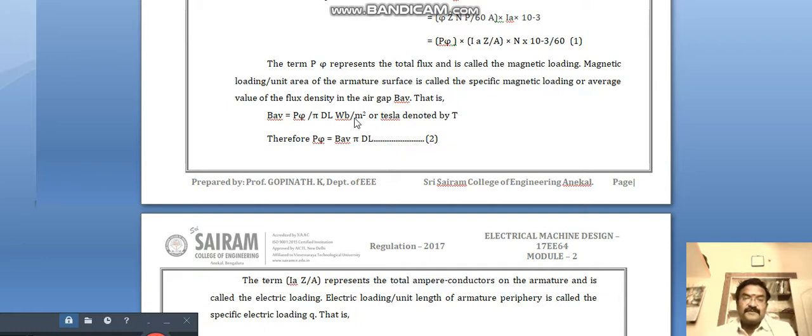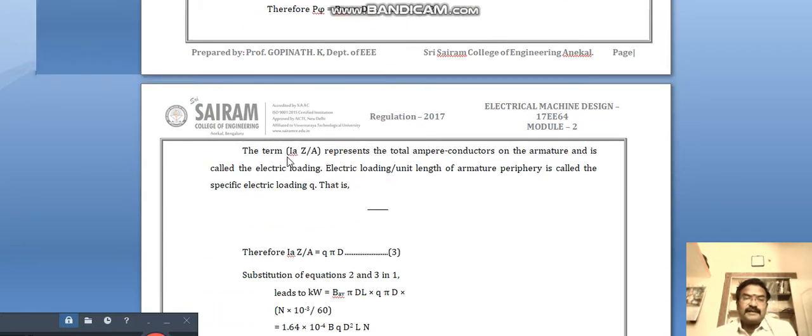So Bav is equal to P phi by pi D L, in Webers per meter square or Tesla, denoted by T. Therefore, P phi is equal to Bav pi D L. The term Ia Z by A represents the total ampere conductors on the armature and is called the electric loading.